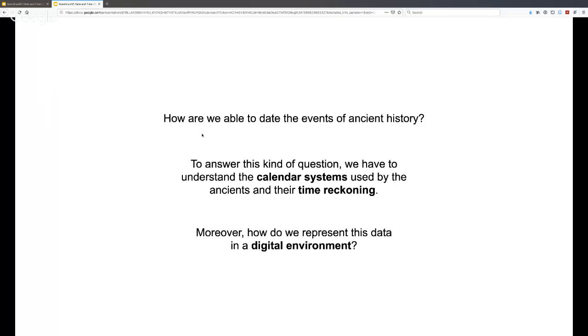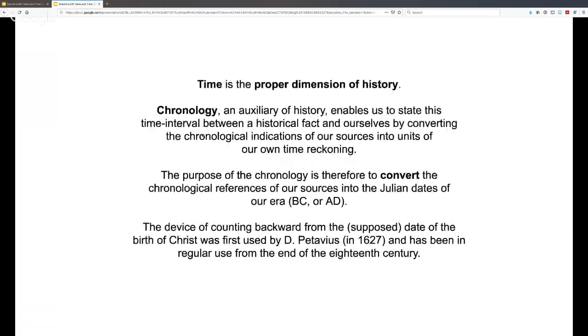So we have a further question and further issues. If we want to define time and chronology, time is the proper dimension of history, and chronology enables us to state this time interval between historical fact and ourselves. And of course, again, we have to convert these chronological indications in our sources. And now we also have another aspect: how do we convert this information into a digital format, into a machine readable format?